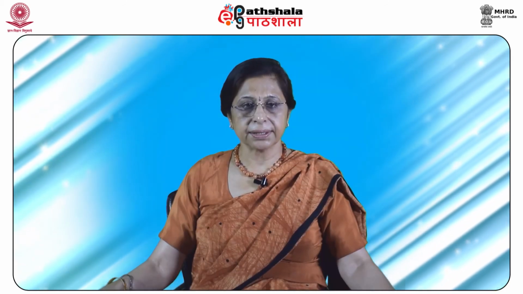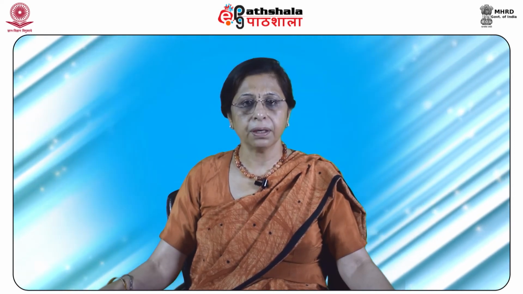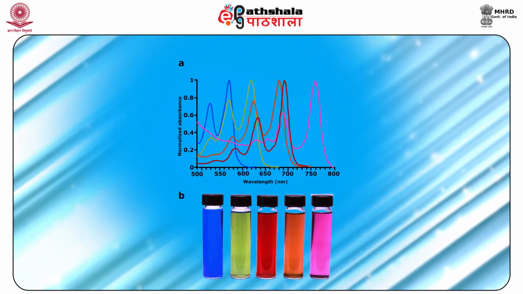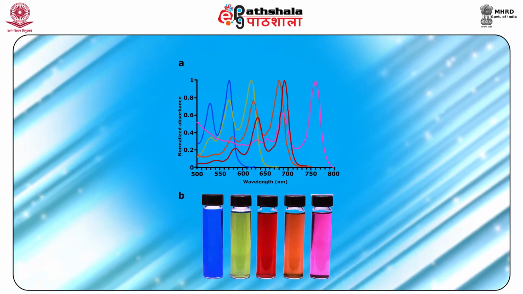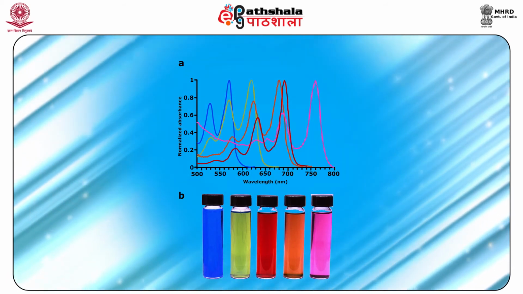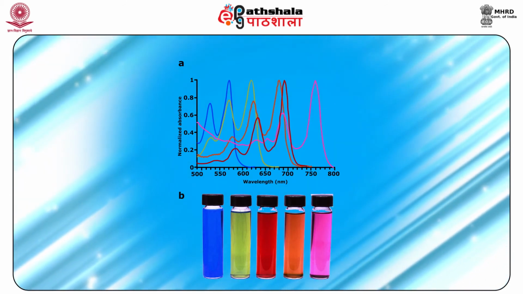Now, next is the effect of solvent on visible or UV spectroscopy. The solvent is used for dissolving a compound under investigation and has a large effect on the UV/visible spectra of a compound.